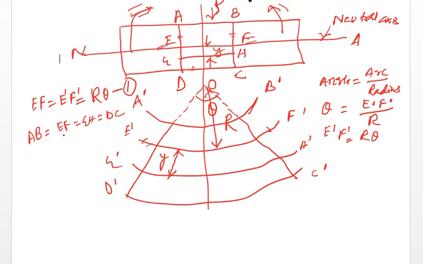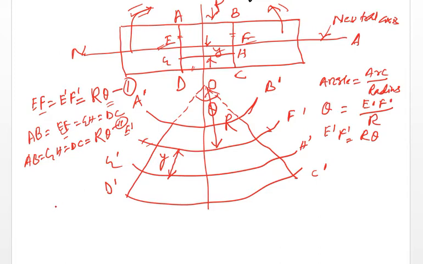So we can put the value of EF from the equation already found, EF is equal to R theta. So AB is equal to GH is equal to DC is equal to R theta. Suppose this is equation number 2.